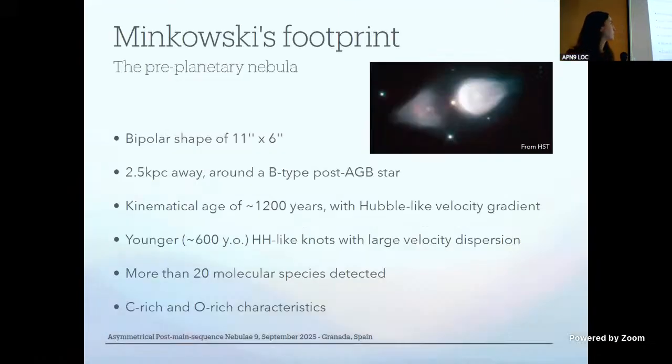So first of all, let's get to know the nebula. M1-92 is also called Minkowski's Footprint because of how it looks in the optical. It is a bipolar nebula located 2.5 kiloparsecs away. It has a kinematical age of 1200 years, expanding with a Hubble-type velocity gradient, and one of its most iconic features is that it has two not so ionized gas knots inside the lobes.